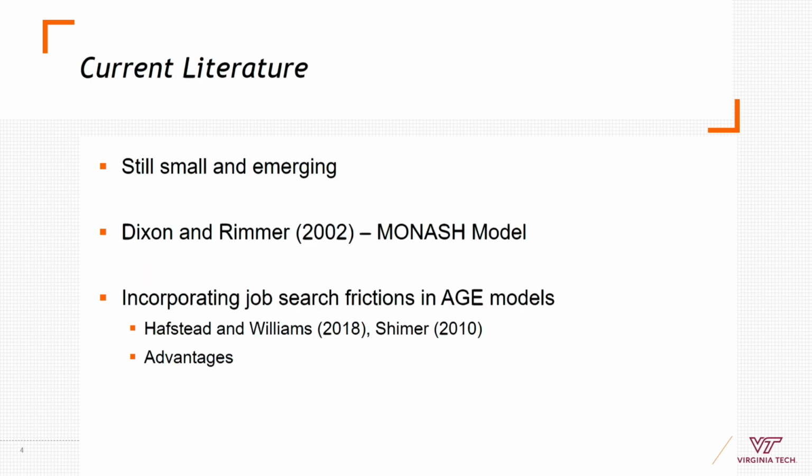Okay. So as far as the literature, there's not a whole lot out there that incorporates some sort of unemployment into an AGE model. So it's small but emerging. Probably the first one I could think of was some of the work that Peter Dixon and Maureen Rimmer did on the Monash model, right? That was a sticky wage specification where you get downward rigidity in the wage rate due to institutions like labor unions or something else.